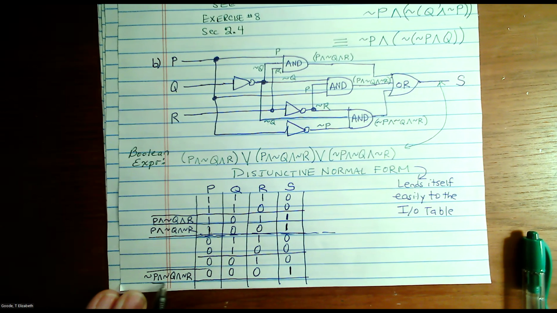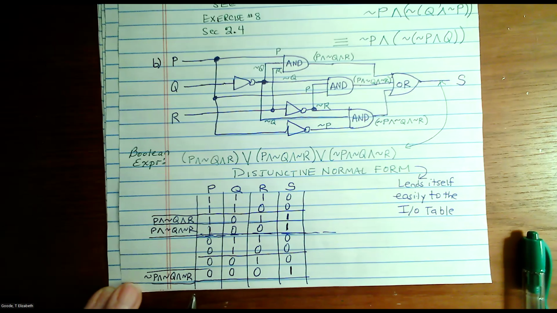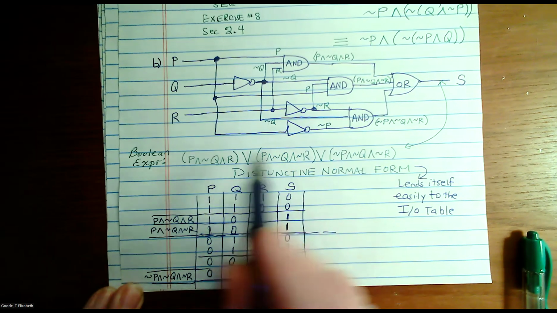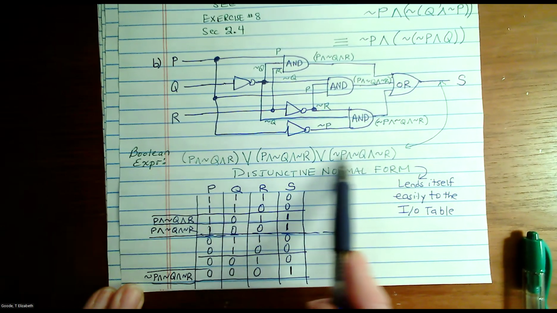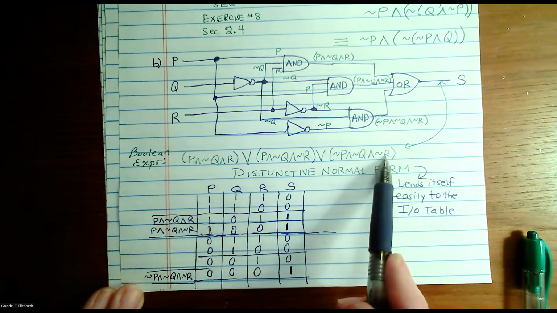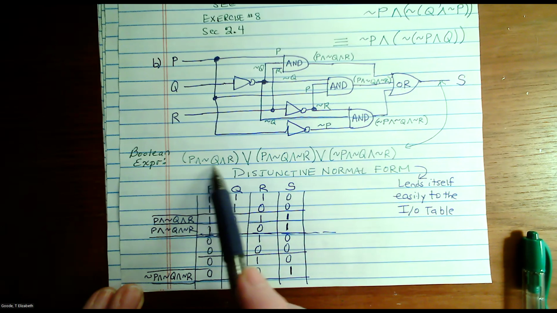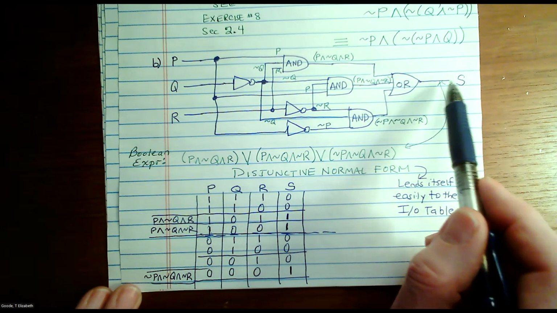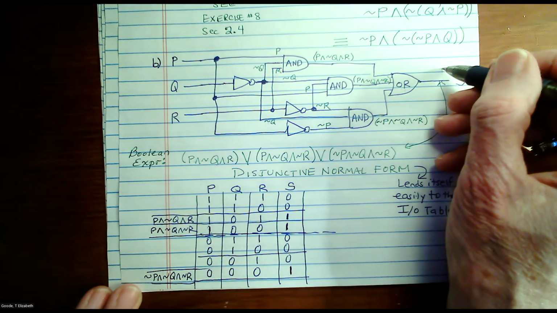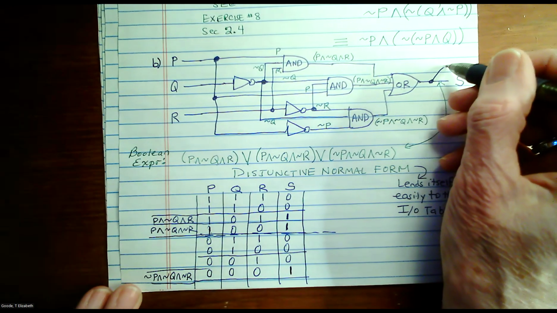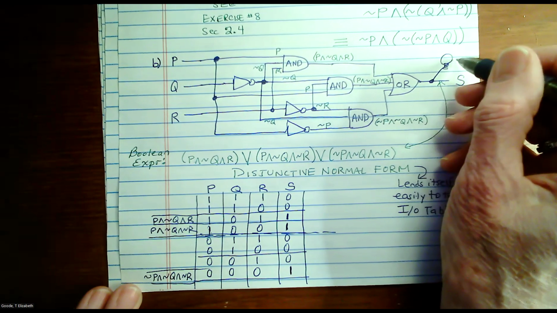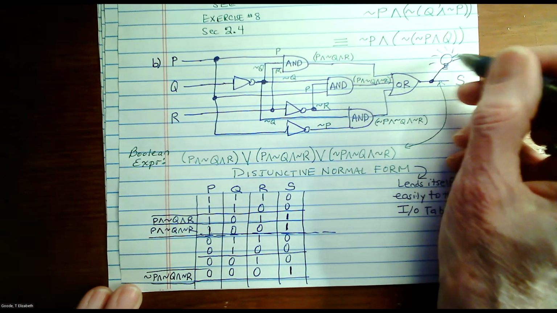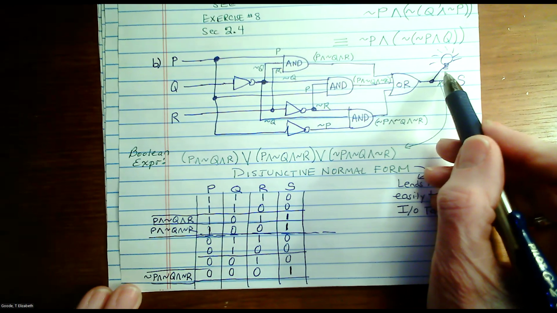Can you explain the last row? How did it get a 1 there? Oh, yeah, because this expression tells us when the circuit should give hot output. It actually is a description of when this output wire should be hot. In other words, if we put a little light bulb attached to this output wire, it tells us when that light bulb should light up.